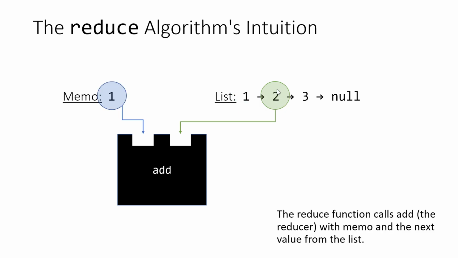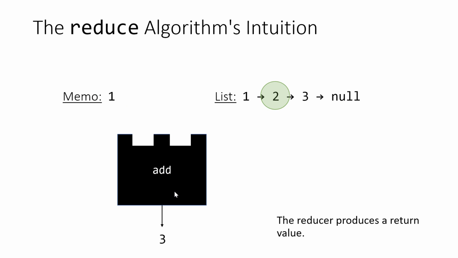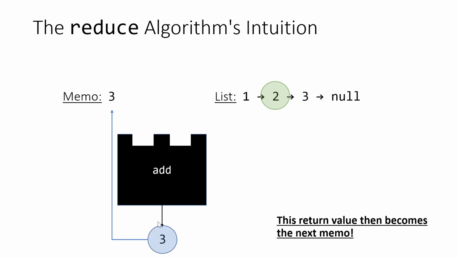And so now we're thinking about the rest of the list from where we had started, and we take the value 1 and the rest of the list, the first value of this list, and we add those two values together, which gives us a value of 3 is what the reducer would have returned. That 3 is going to become the next memo value in the recursive call to reduce.